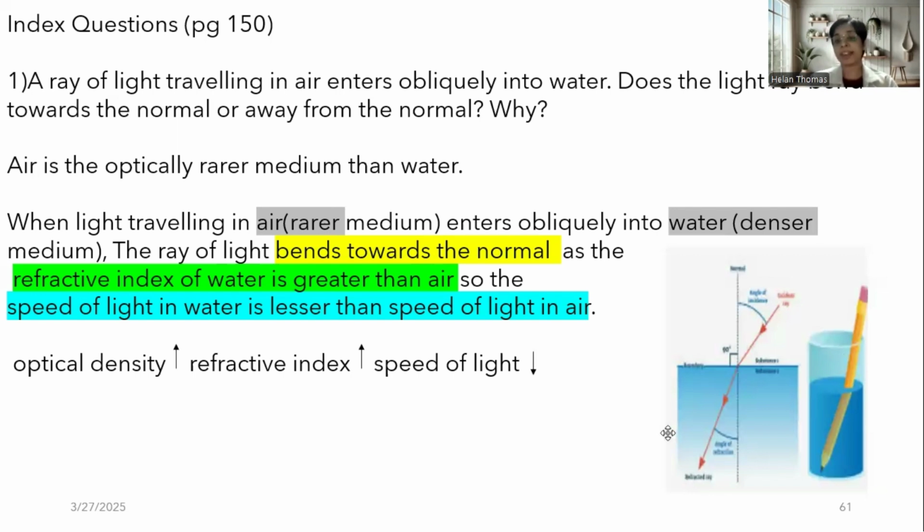Because the light ray is bending towards the normal. Why? The speed of light is less in water, due to which you get to see the light ray coming from a different direction, which gives the illusion that the pencil is cut at the interference of water and air.